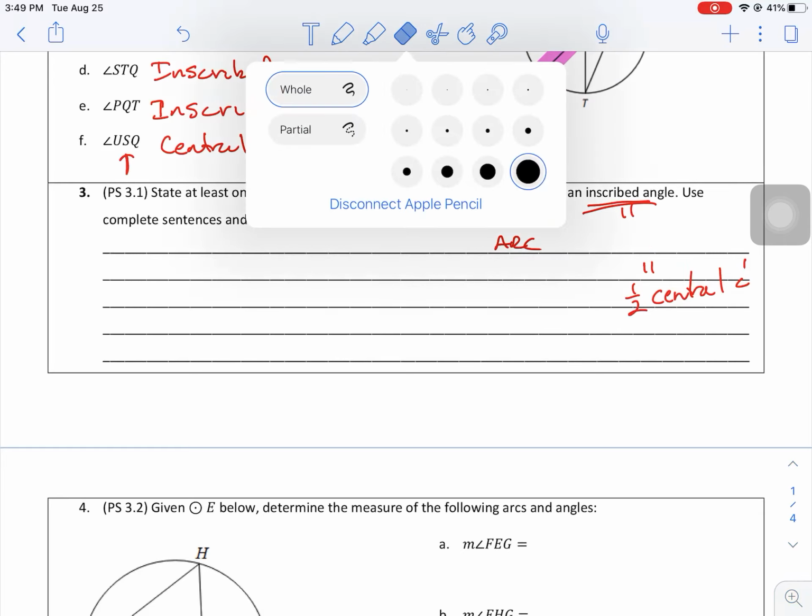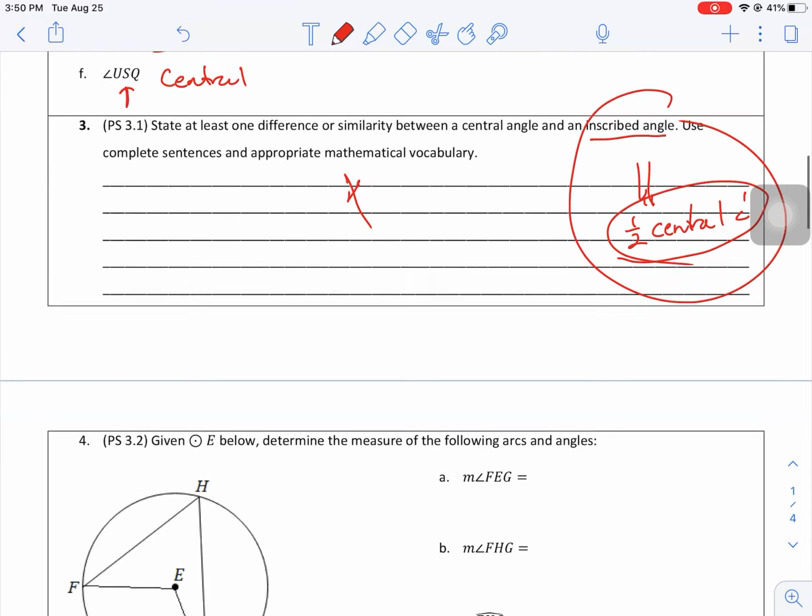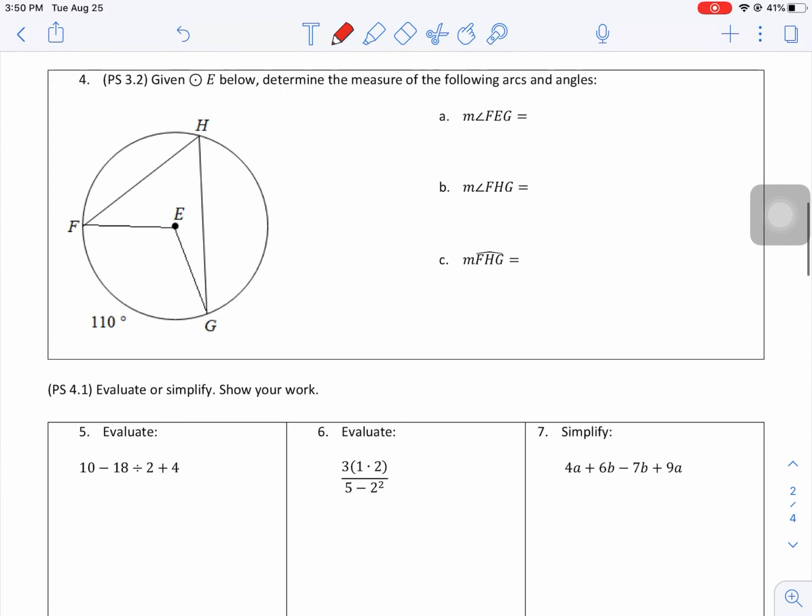You have to be able to write that. So, you need to write a statement that is the inscribed angle is equal to 1/2 the central angle's measure. You need to do that here. Okay? I'm not going to write that all out for you, but I showed you what it was.